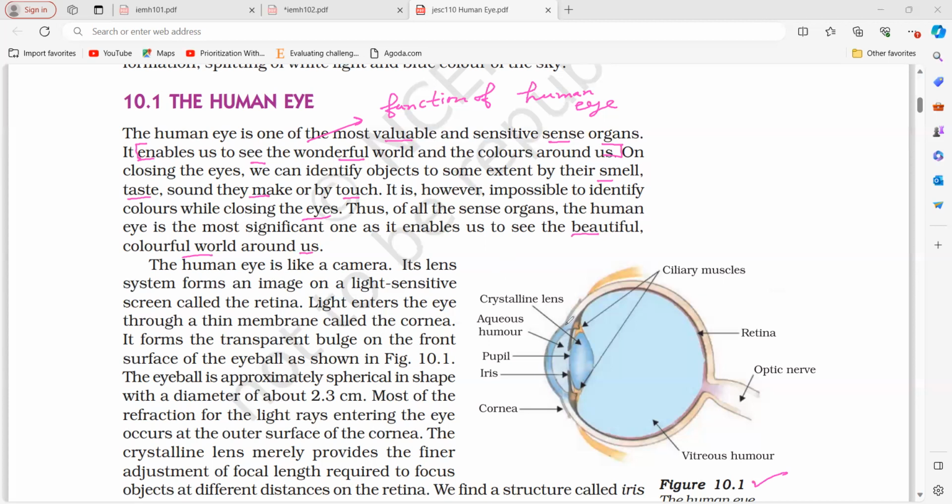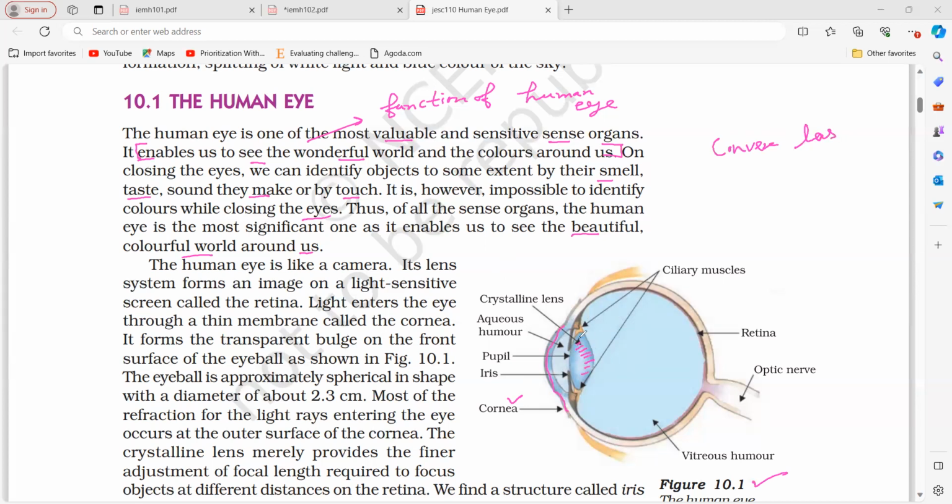Look, this frontal part from where light enters is known as cornea. This is the crystalline lens of the human eye. Basically, the human eye uses a convex lens.